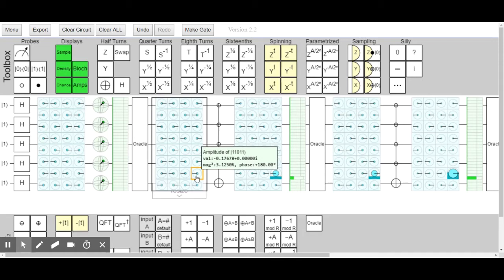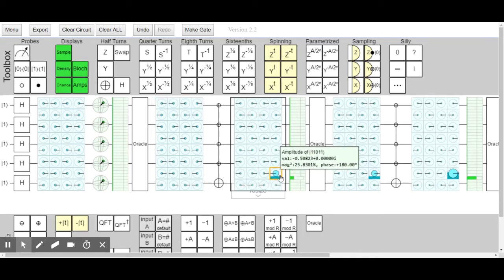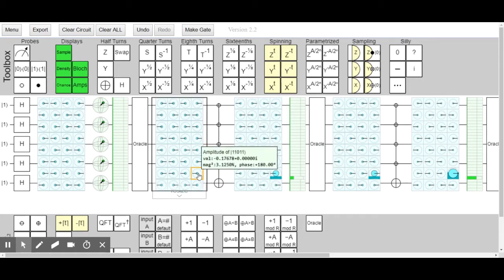The phase literally means that that has a minus value, right? And because I know that there are Hadamards in here, I know that that's going to create interference. But again, that relies on me knowing that there are Hadamards here. Because then that interference explains this, right? There's a minus in here.